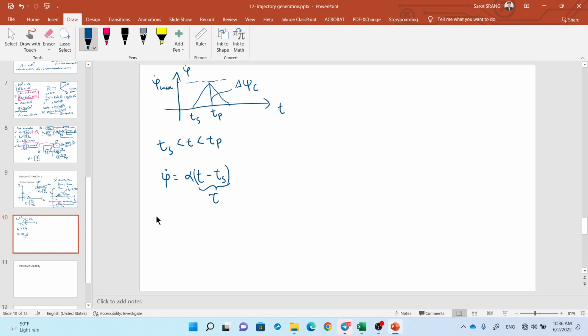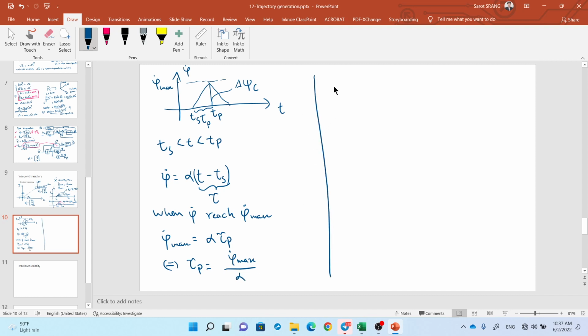Then when psi dot reaches psi dot max, equal to alpha times tau, let's call it tau p, and tau p equals psi dot max over alpha.